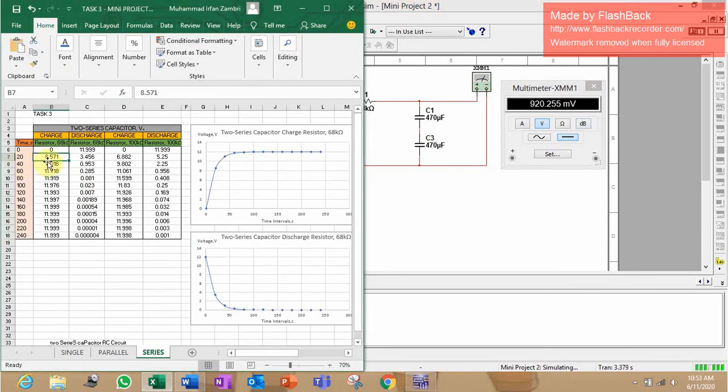For the first 20 seconds for 68 kilo ohm it is 8.571 volt. For 100 kilo ohm, after 20 seconds, it is 6.882 volt. And the voltage will keep increasing until 240 seconds, which is 11.999 volt, which is also considered as the maximum voltage.